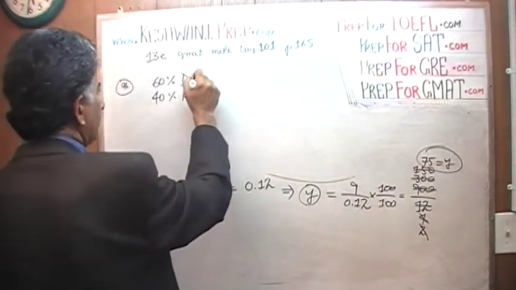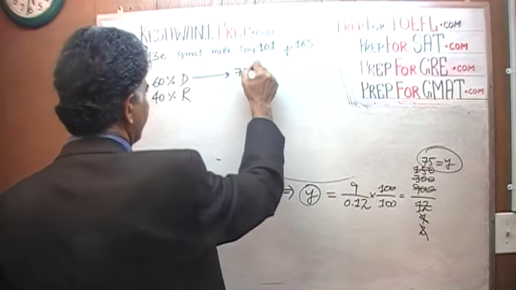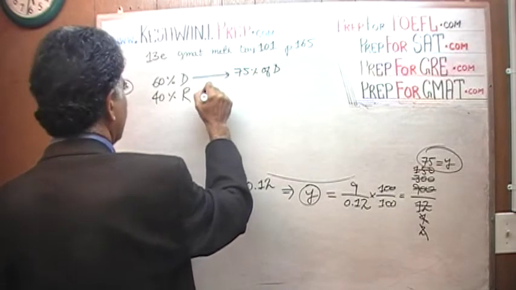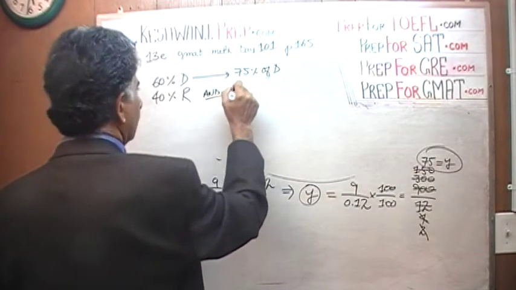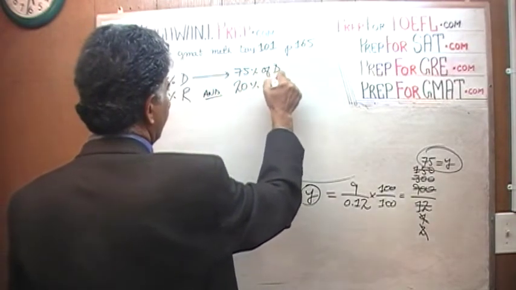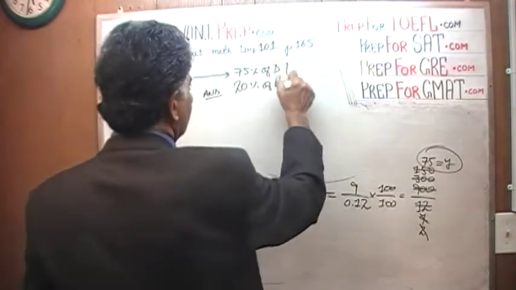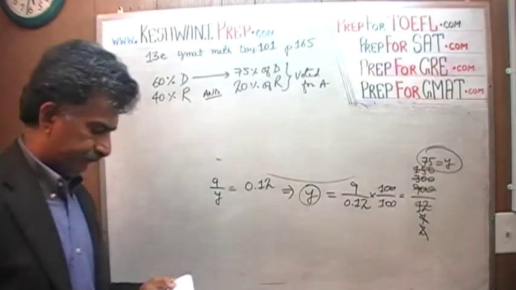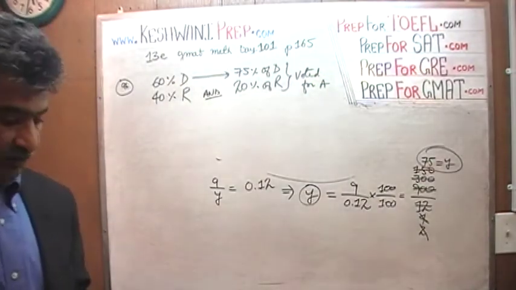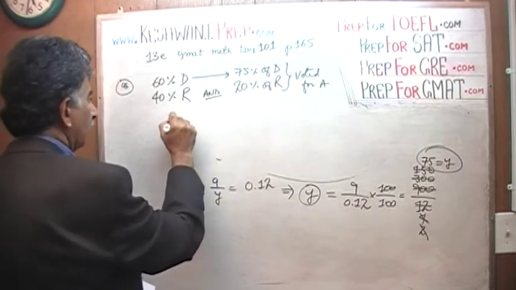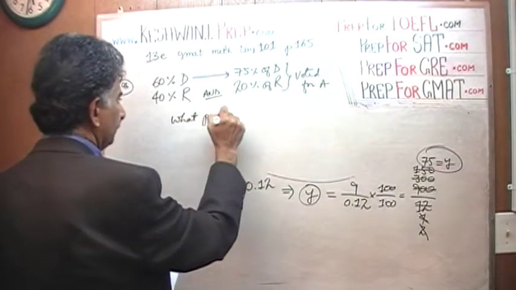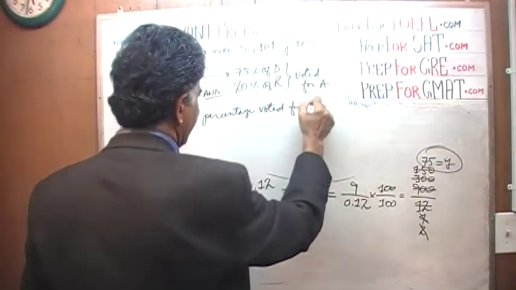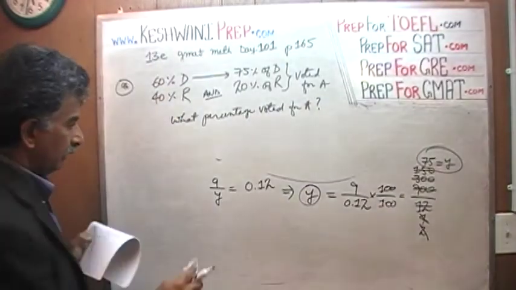We are further told that 75% of the Democrats and 20% of Republicans voted for candidate A. The question simply is, what percentage voted for A? Very simple enough question. I'm going to get rid of this now.